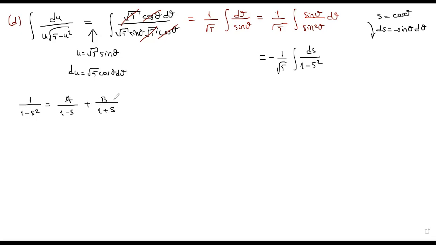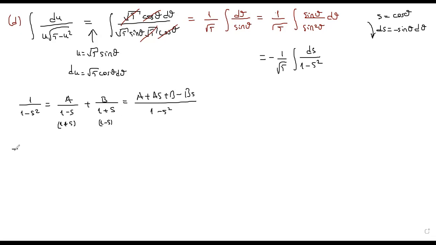So we need to find a and b, all right? If you multiply this by 1 plus s and this by 1 minus s, you will get a plus as plus b minus bs over 1 minus s squared, right?